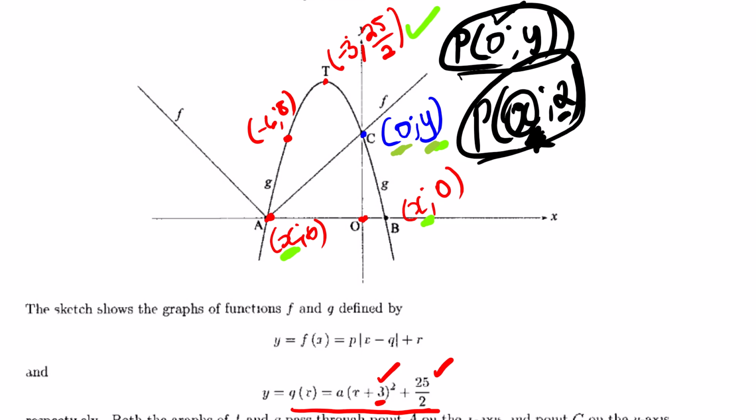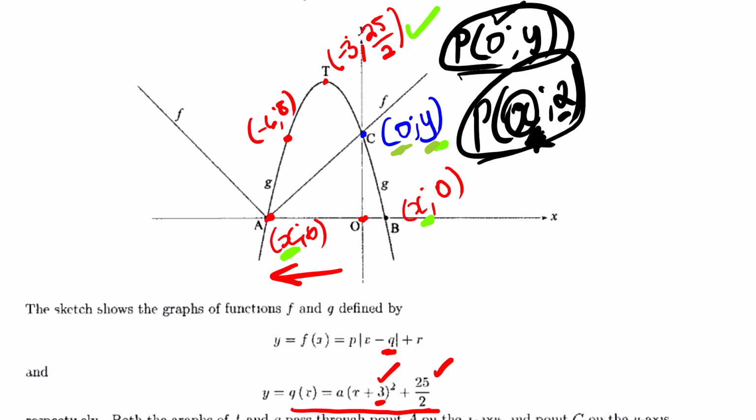Now looking at this graph, you can see that this graph was shifted to the left. So it simply means that the value of q will be positive from the graph, but the translation will be negative.